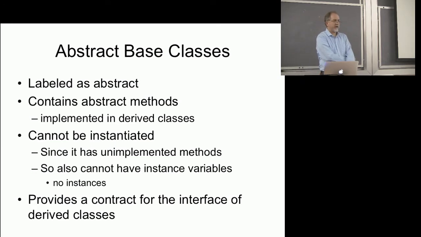It contains abstract methods that are labeled as such. Those have to be implemented in any classes that derive from this class. You can't make an instance of this class because it has unimplemented methods. Because you can't make an instance, you also can't make instance variables because there's nothing that's going to hold those instance variables. You can have some static variables, but not instance variables. Basically, the idea is it provides a contract for the interface of other derived classes.